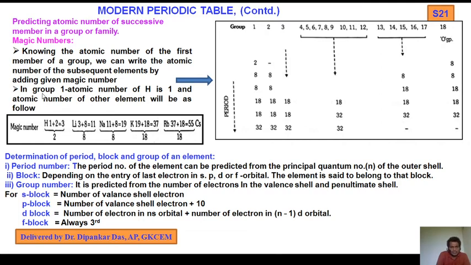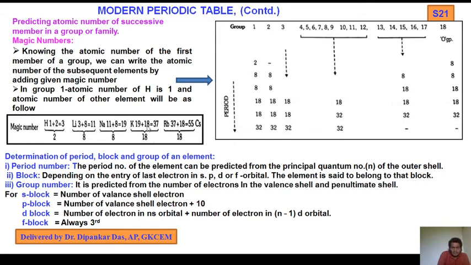So in group 1, the atomic number of hydrogen is 1 and the atomic numbers of other elements will be as follows. Hydrogen 1 plus 2, 3, that is lithium. Lithium 3 plus 8, 11, sodium. Sodium 11 plus 8, 19, potassium.